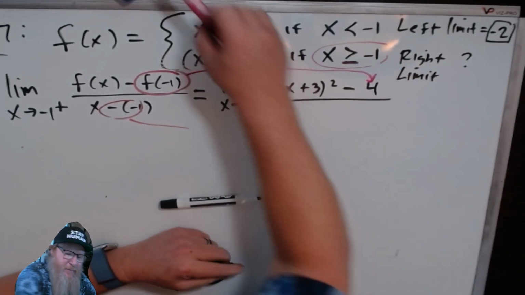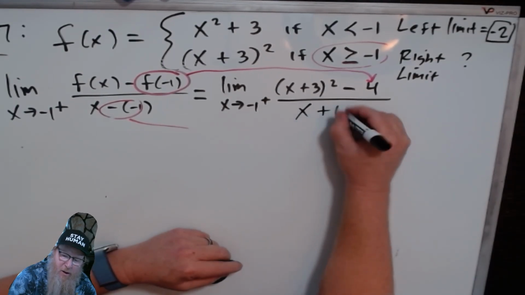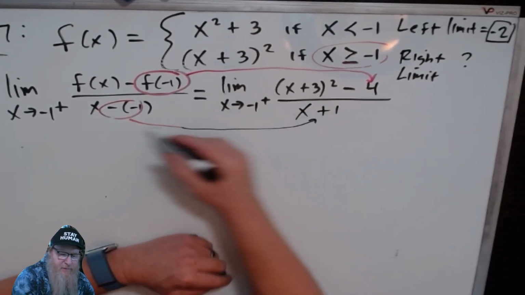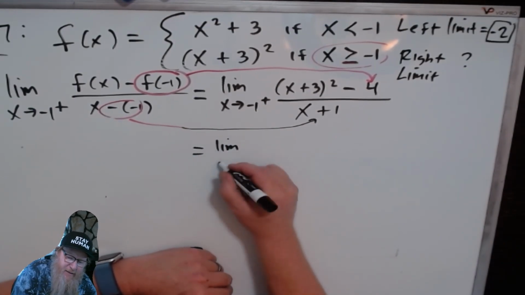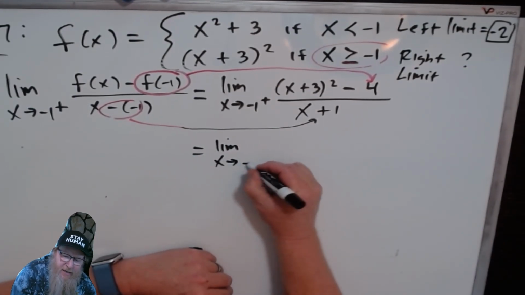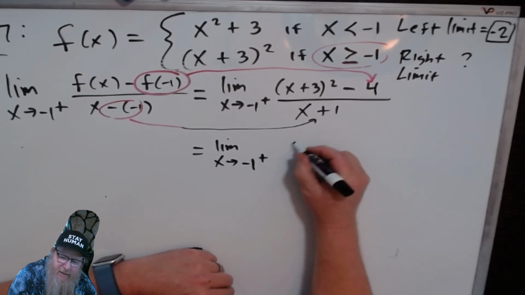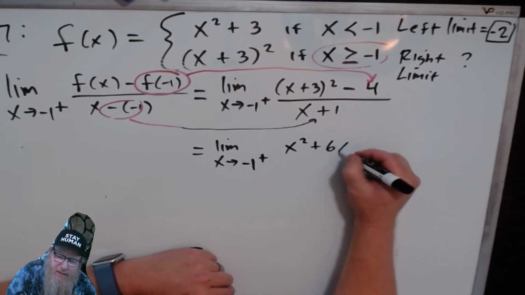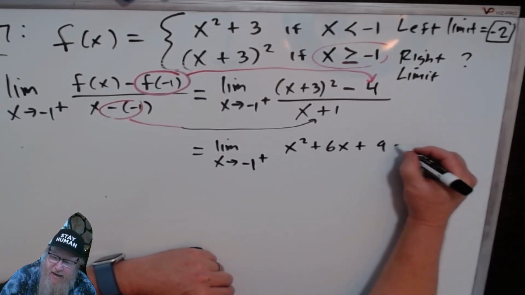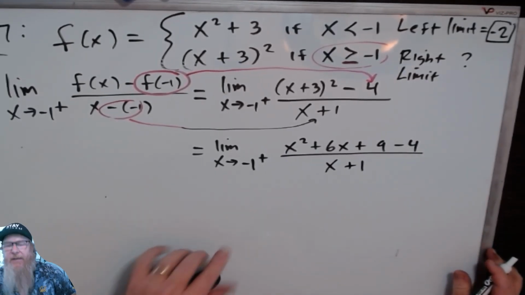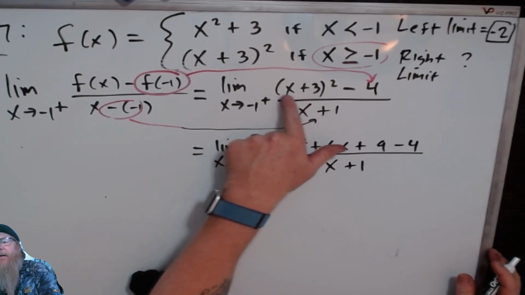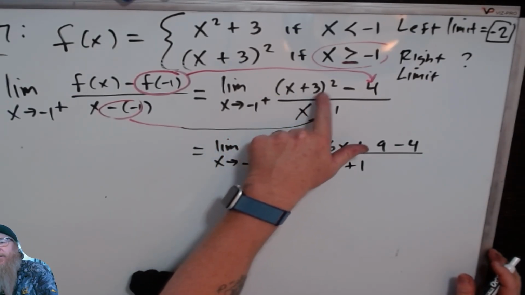Right? And then x plus 1, again, double negative here. So that's the limit as x approaches negative 1 from the right of x squared plus 6x plus 9 minus 4 over x plus 1. I just multiplied out the binomial, x plus 3 squared.